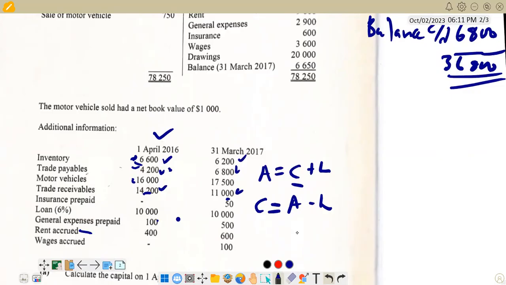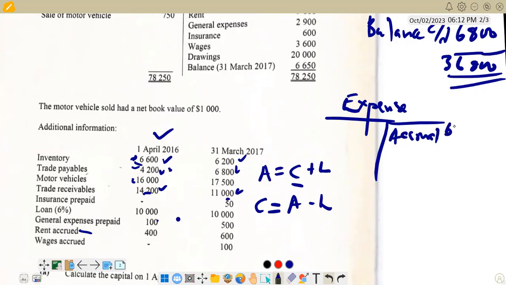So if we have such a scenario, which means we have to find the figure in the form of a T account, then maybe just summarize the working on the answer section there. But generally, if it's an expense account, we have accrual BD at the beginning will be on the credit side. Accrual BD at the beginning, and then prepayment BD at the beginning will be on the debit side.